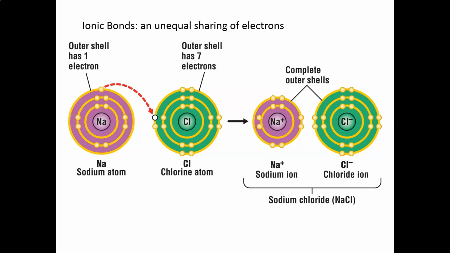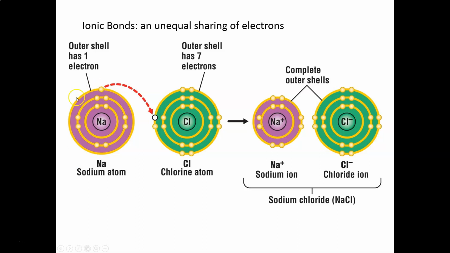And certain elements, because of their position on the periodic table, tend to form ionic bonds, and those tend to be at the extreme ends, except for that last column. The last column is the noble gases. That last column, column 8, has very stable elements in it, because they have a full complement of electrons in their outermost shell.